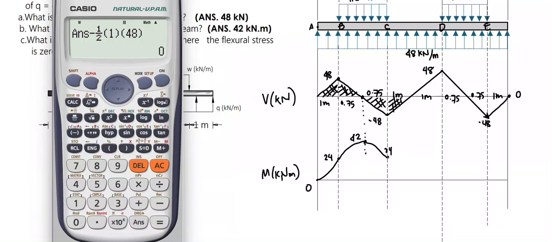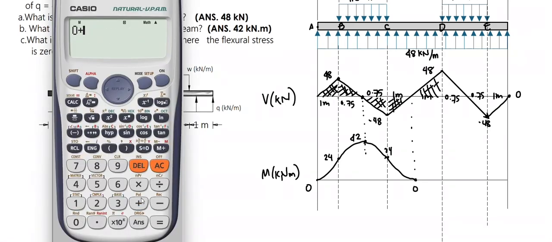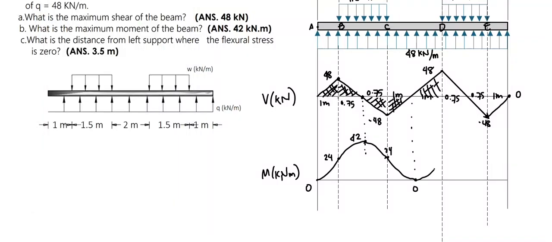It goes back to 0 at this point. Now it increases back because this area here is positive. We add to 0 the area of the triangle, that is 1/2 times the base of 1 meter times the height of 48. It increases back to 24.